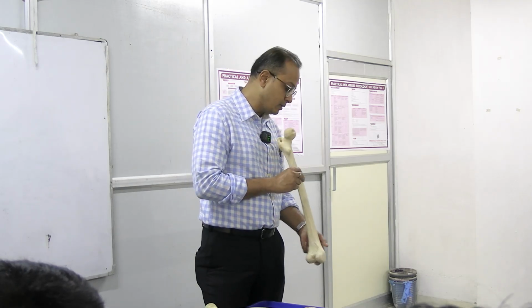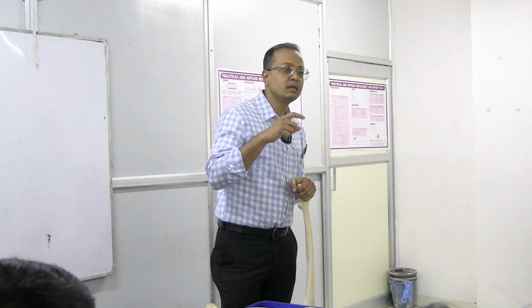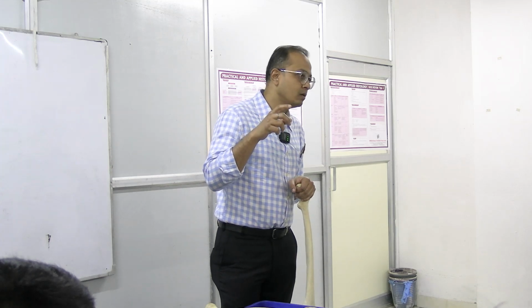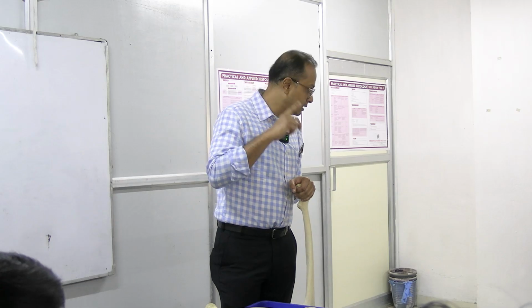Clear? So here we usually find three borders and three surfaces on the shaft: medial border, lateral border and posterior border. The posterior border in the middle part has a special feature. That middle part of the shaft, we call the posterior border the linea aspera. This linea aspera has two lips, the medial lip and lateral lip.